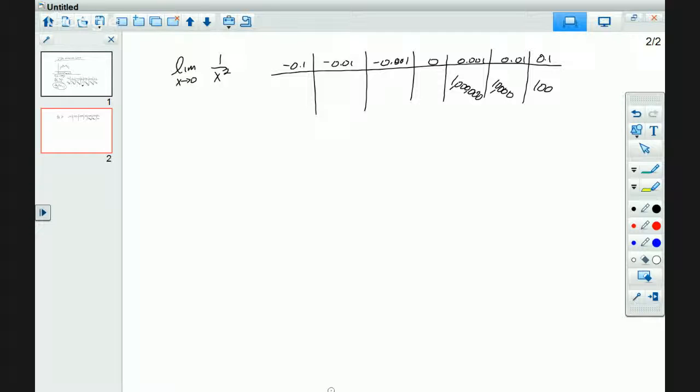I bet this is a million as well. What's happening? 0 is an asymptote in this one. See how these numbers are getting really big? You're never going to get together. This is going to infinity.